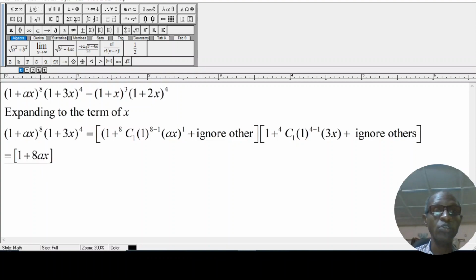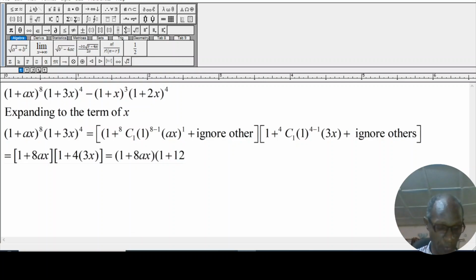I've ignored the others. Then the second one, you have 1 plus 4 into 3x. So this gives us 1 plus 8ax, 1 plus 12x.